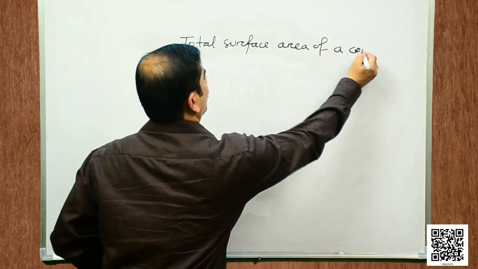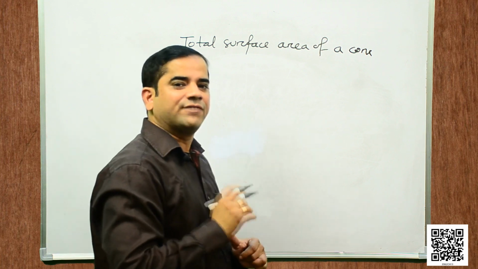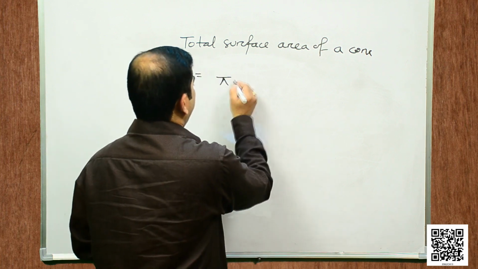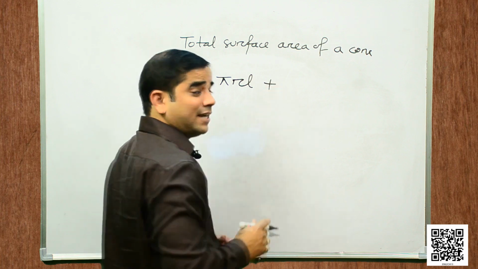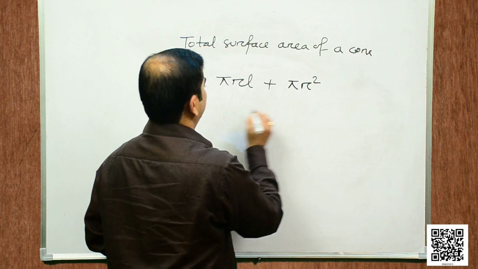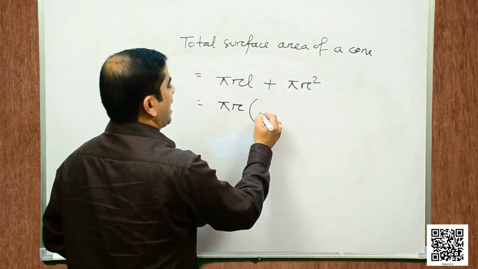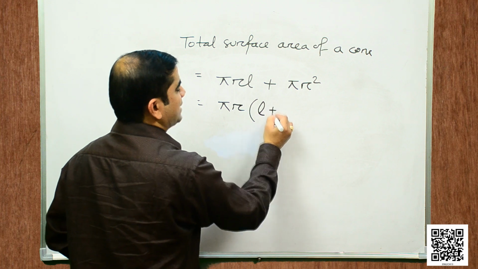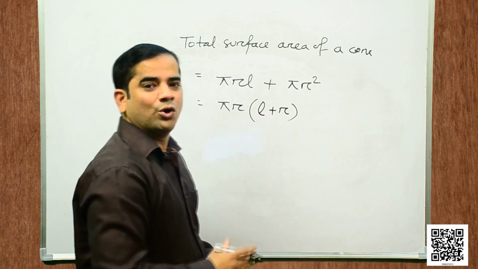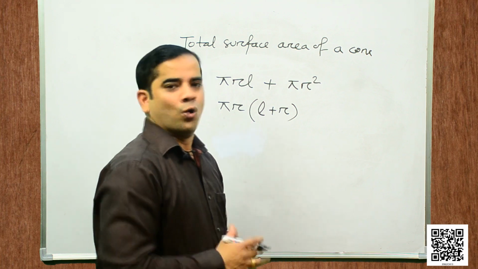Total surface area of a cone is equal to, first we have found the curved surface area, that is pi r L, and the area of the base, that is pi r square. If I take pi r as common, I am left with L plus r. So this is the formula for the total surface area of a cone.